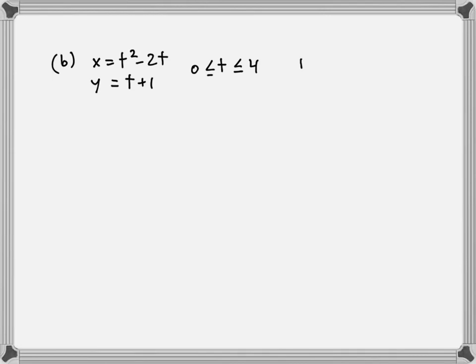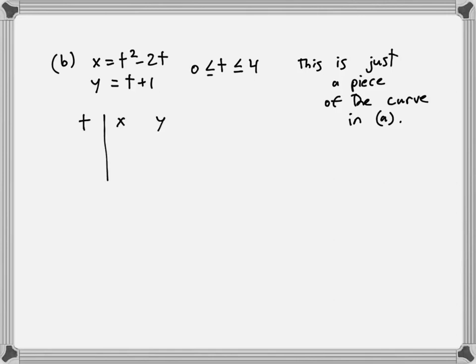So this is just a piece of the curve in part A. What piece would it be? Because we have a beginning and an end to this curve, I'm going to plug in t equals 0 and t equals 4 so that I can see where my curve begins and where it ends.